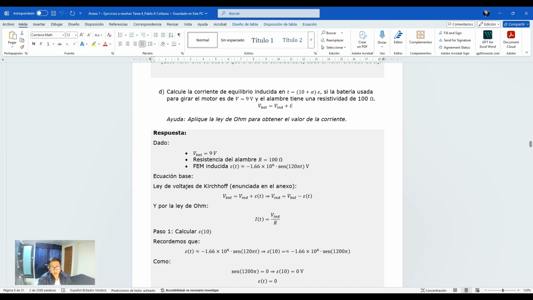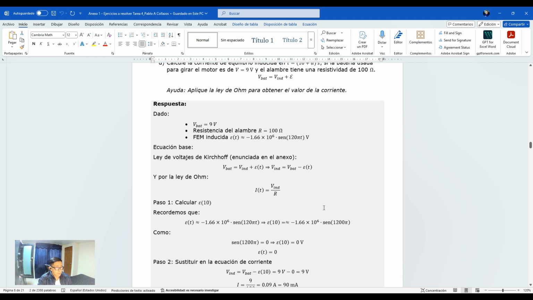The resistance of the wire is 100 ohms, and the induced EMF at 10 seconds is 0 because sine of 1200 pi equals 0. So current equals 9 volts divided by 100 ohms, which gives 0.09 amperes. That is 90 milliamperes.